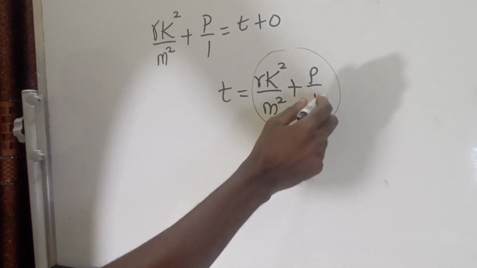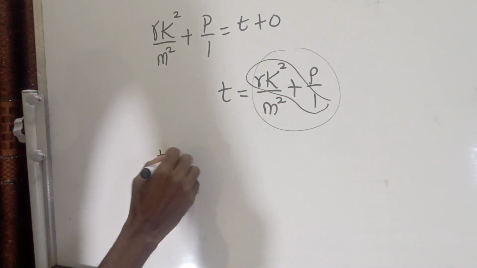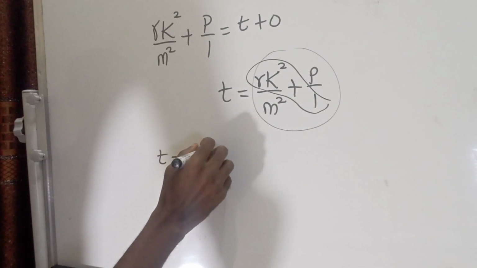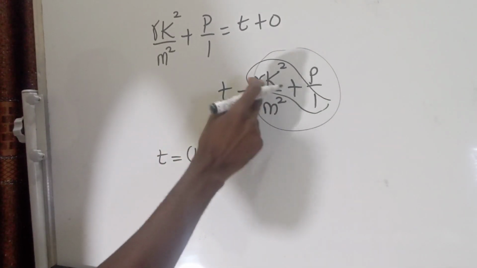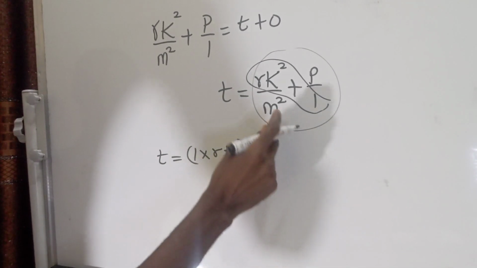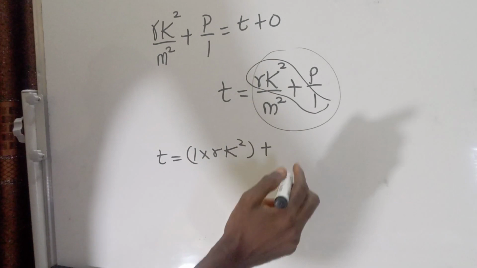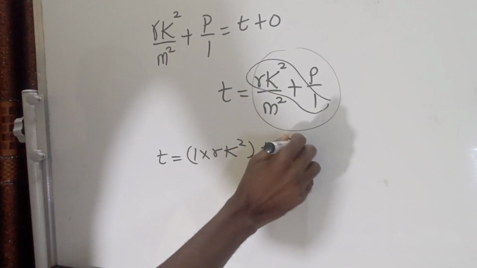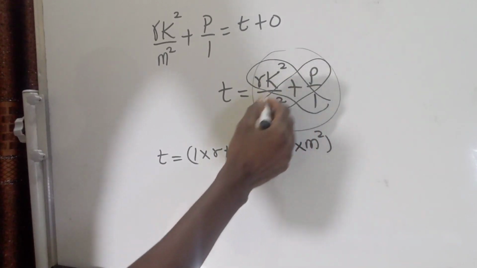So we are going to solve this with cross multiplication. This is one method of solving fractions. So my T will be 1 times R K square, so 1 times this, plus I have P times M square. So this is going to multiply this.